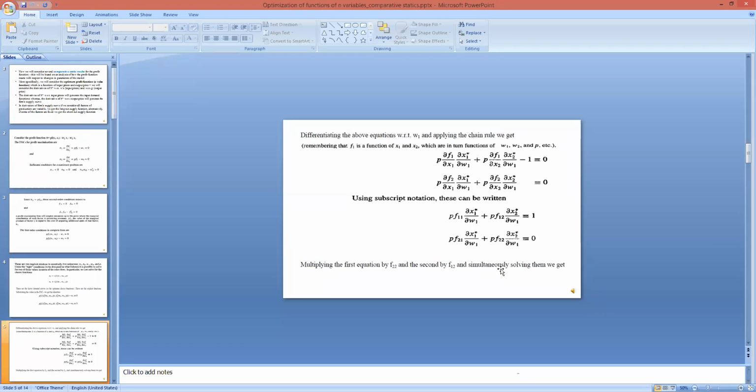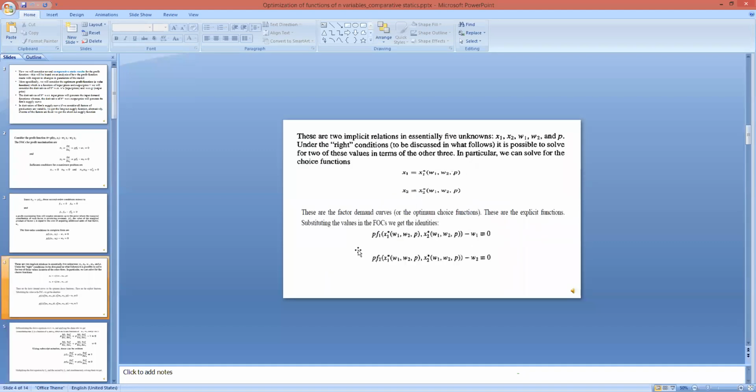So we are considering the two first order conditions, and we are getting this expression if we take derivative with respect to w1. So this is the expression P f1, which is a function of x1 star, x2 star.